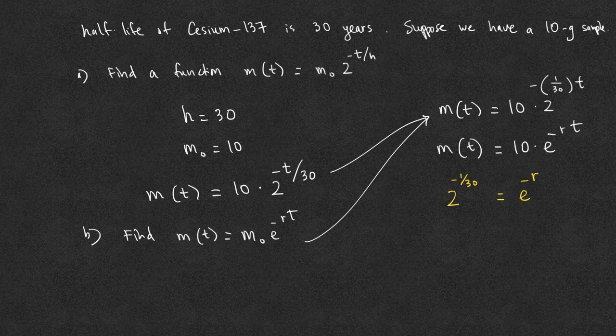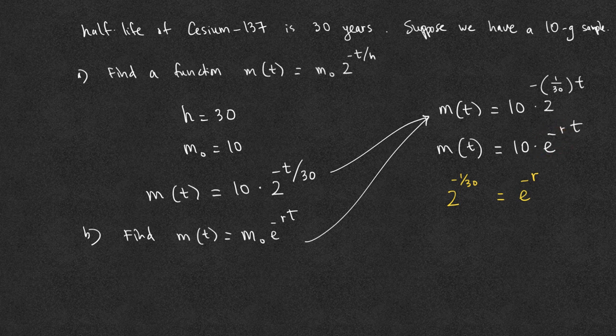Everything else matches: 10, 10, t, t. And so the expression 2 to the negative 1 over 30 has to be the same as e to the negative r.